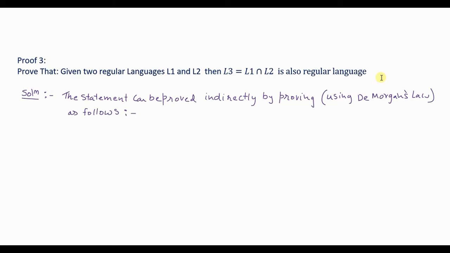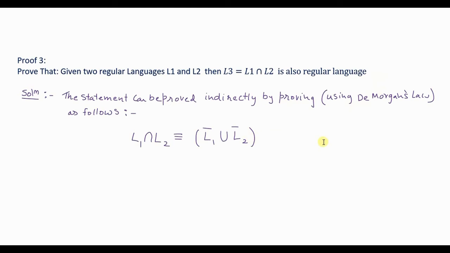Now, if you consider De Morgan's law, L1 intersection L2 can be equivalently written as L1 bar union L2 bar. Okay, so L1 intersection L2 can be equivalently written as L1 bar union L2 bar.